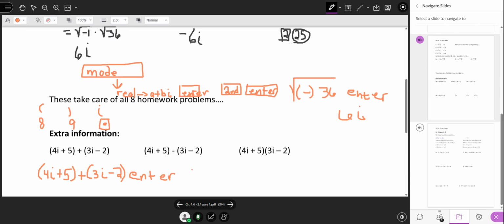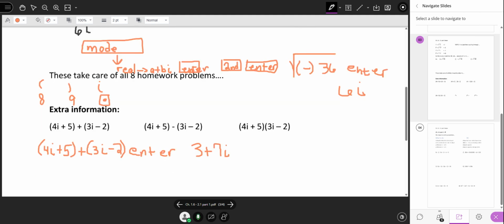That's how I want you to do this problem. And when you enter, it tells you 3 plus 7i. I really don't want you to do this by hand. All right?